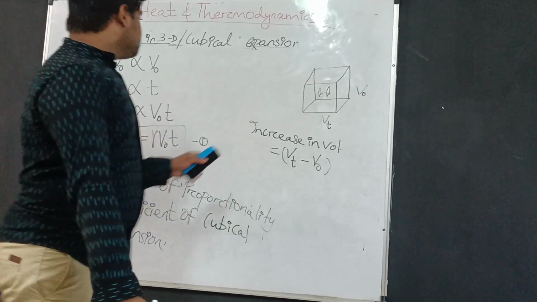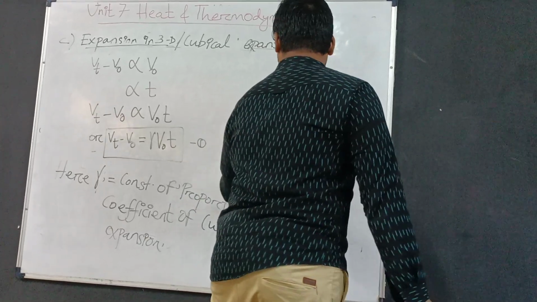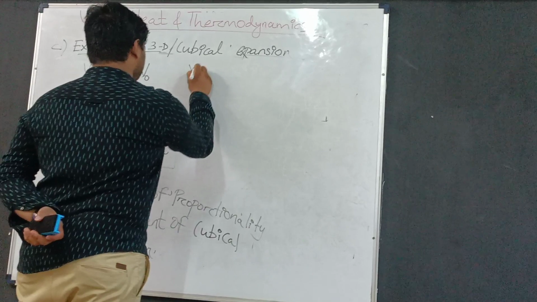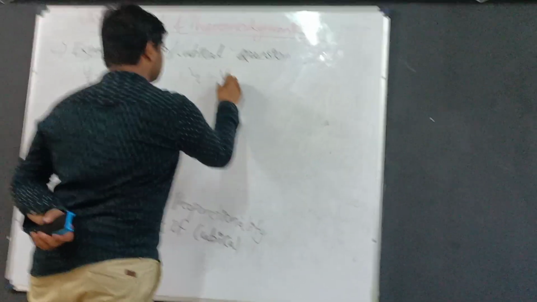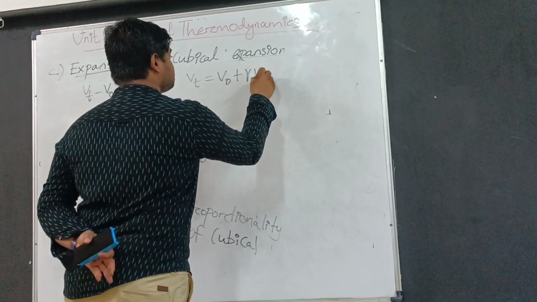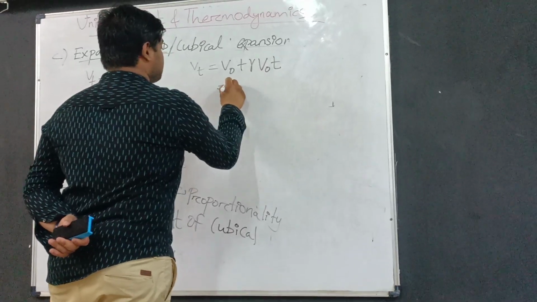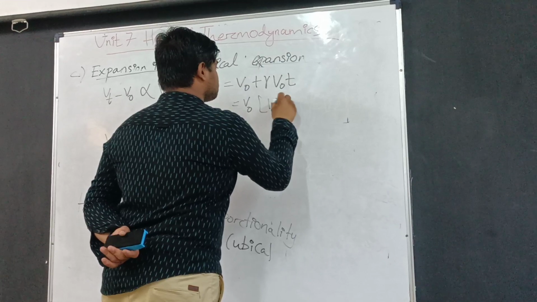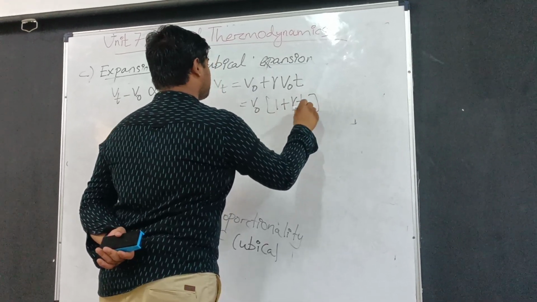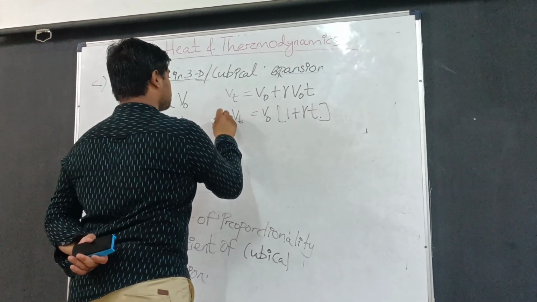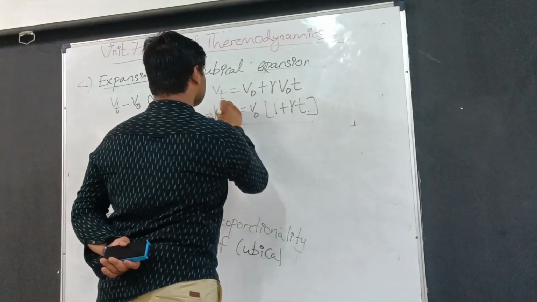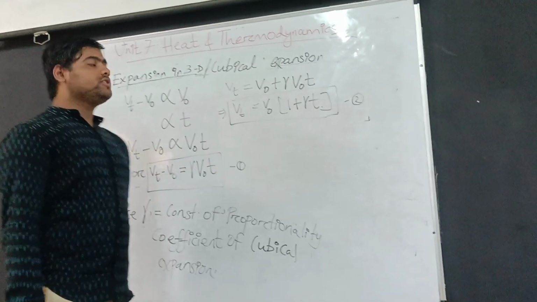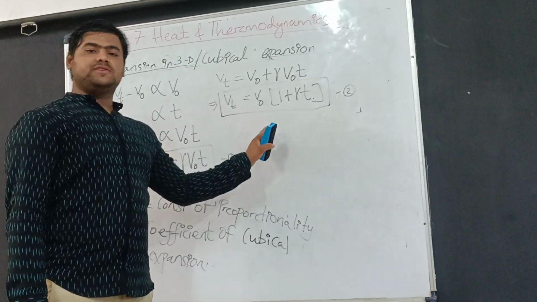Now from this equation 1 we can find out Vt equal to V0 plus gamma times V0 T. On the RHS we can take common V0. This equation 2 represents the volume of the cube after expansion.